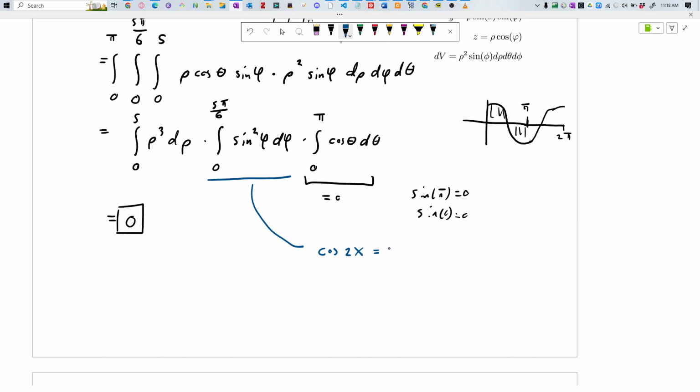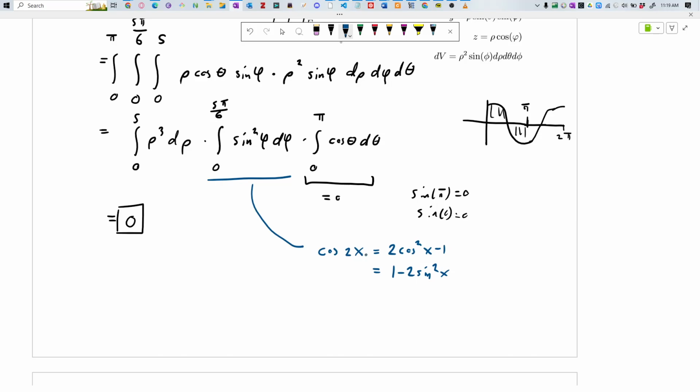So there are various double angle identities for cosine, and the ones that'll be useful for these kinds of trig integrals are 2 cosine squared x minus 1, and also 1 minus 2 sine squared x. These are two of the three ways that the double angle formula for cosine is written.